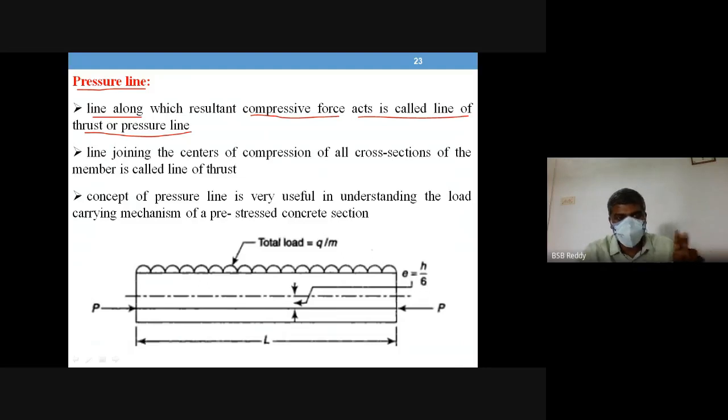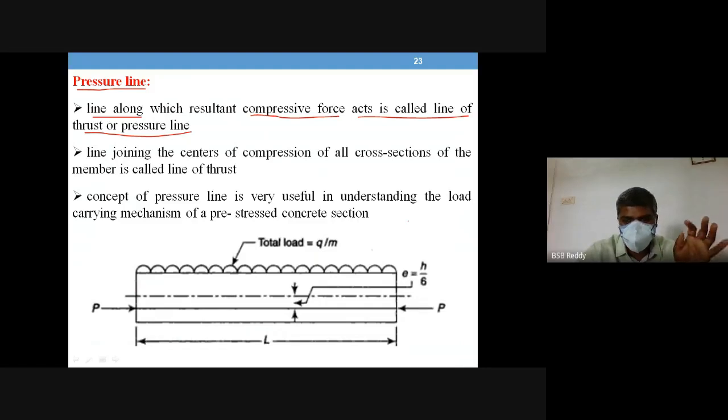So, in a concrete member, after pre-stressing and after transverse loads are applied, in the final stage, in service, you take each cross section and work out the resultant stresses, and you will find the resultant stress across the cross section in a different manner at each section.